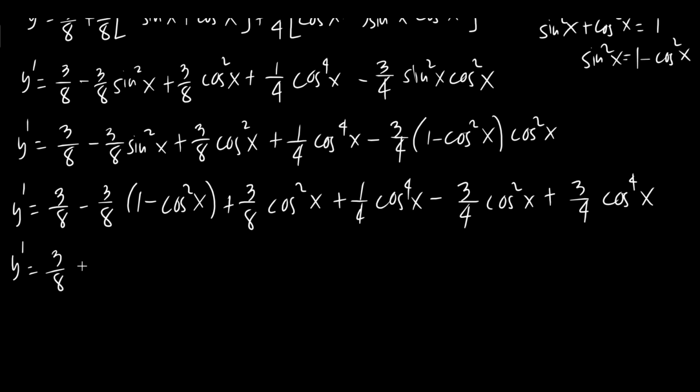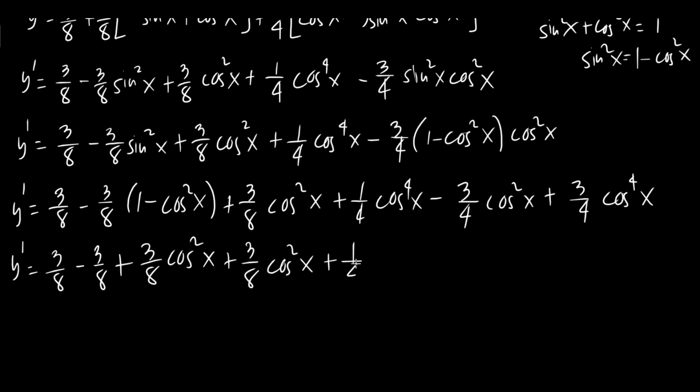So we have 38 minus 3/8 plus 3/8 cosine squared x plus 3/8 cosine squared x plus 1/4 cosine of 4x, so minus 3/4 cosine squared x plus 3/4 cosine of 4x.